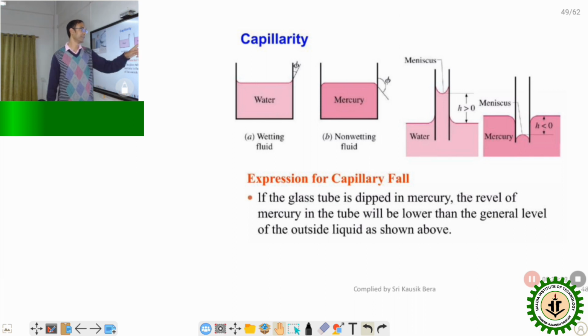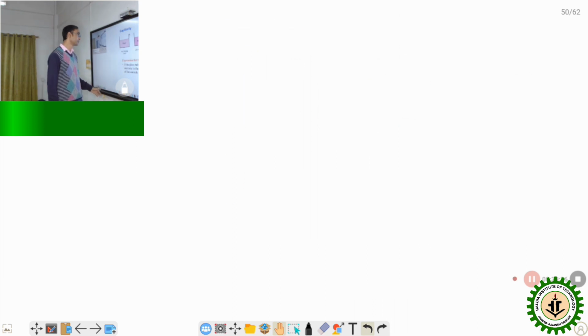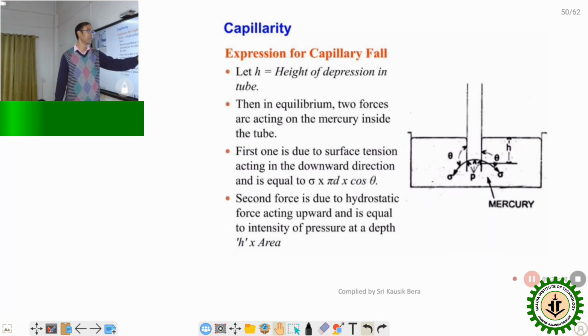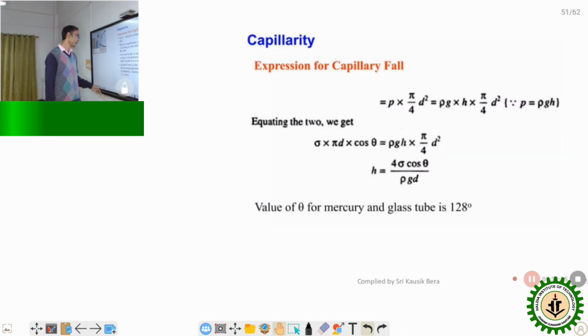So here is the example of a capillary fall, where h is less than 0. This is the same fundamental phenomenon. In this fall example, at the equilibrium condition two forces will be the same. The second force is due to the hydrostatic force acting upward and is equal to the intensity of the pressure at a depth of h.